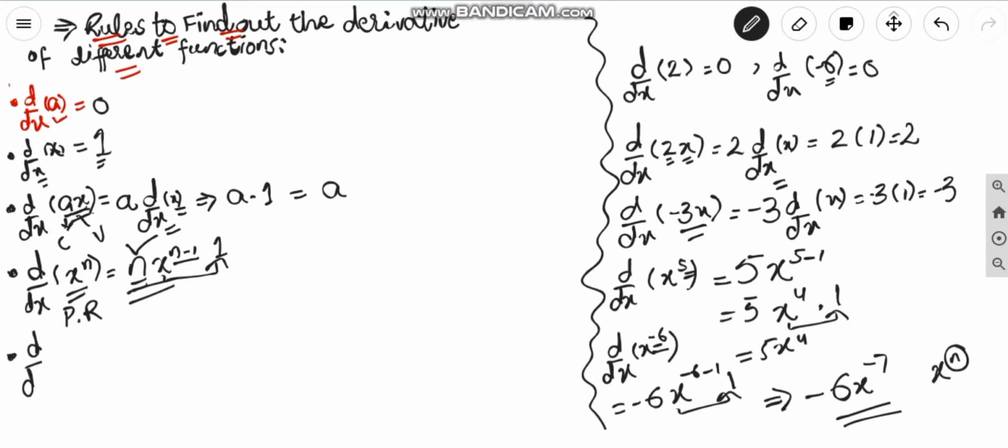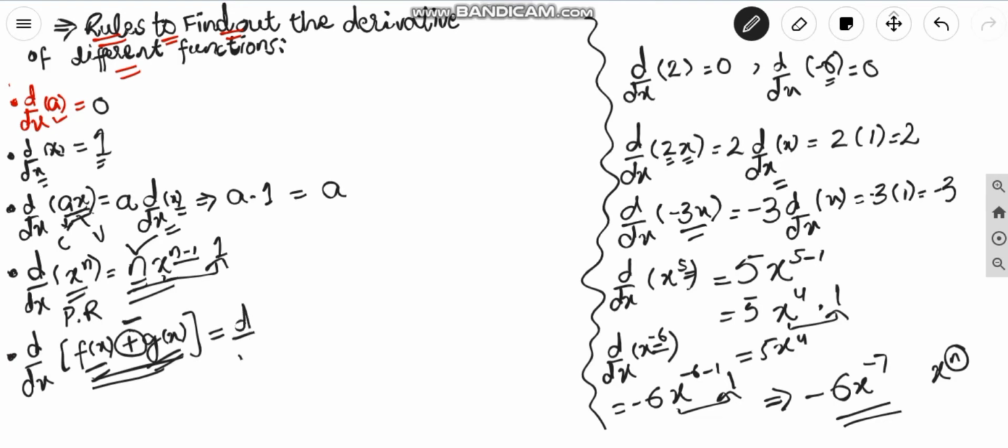Okay, so the next rule will be: if we have two functions like f of x plus g of x, and both are differentiable with respect to x, we can find the derivative of the sum of two functions and also the difference of two functions.